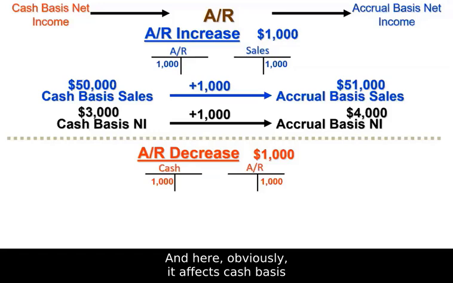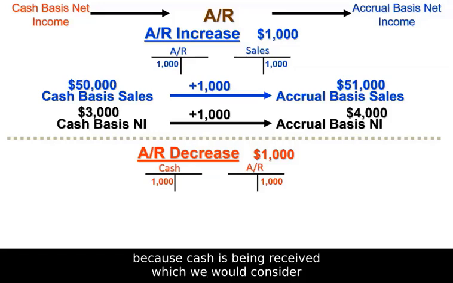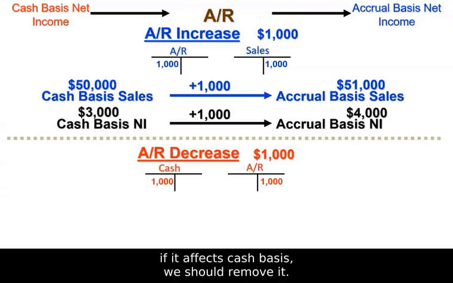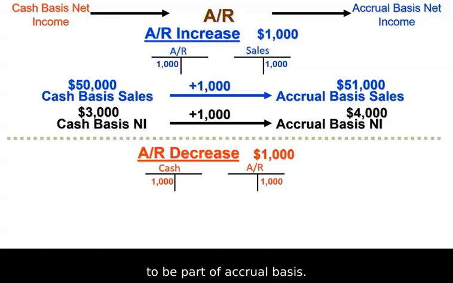And here, obviously, it affects cash basis because cash is being received, which we would consider to be a revenue for cash basis. And then you'll recall we said if it affects cash basis, we should remove it. We should exclude it because it is not going to be part of accrual basis.